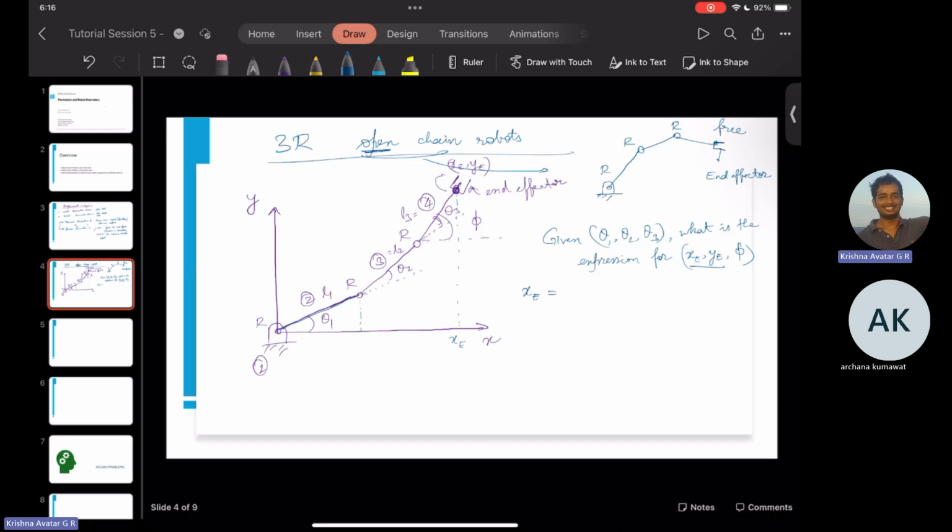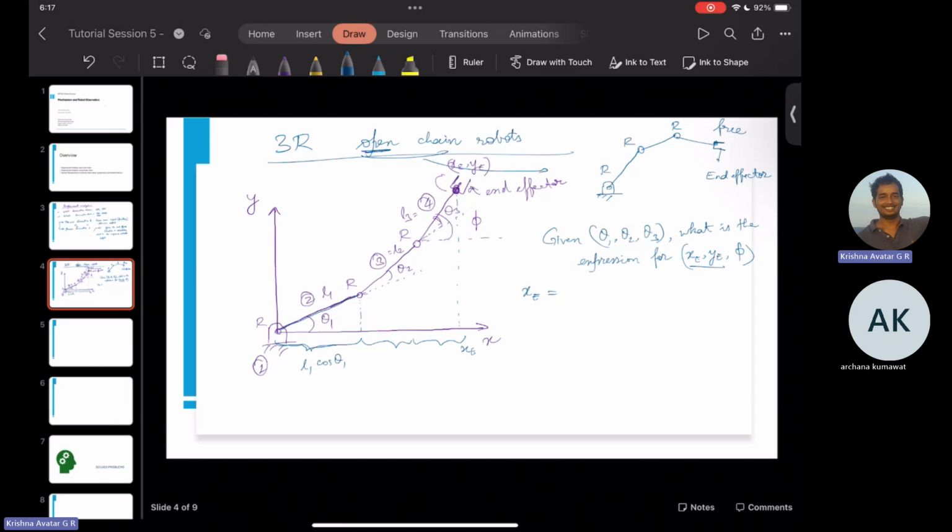Now when we look at this schematic clearly, we find that xe would be the sum of three contributions, all of which are projections of the links on the x-axis. So this projection here is the projection of link 2 on the x-axis. And since this makes an angle θ1 with respect to the x-axis, the projection is L1 cos θ1.